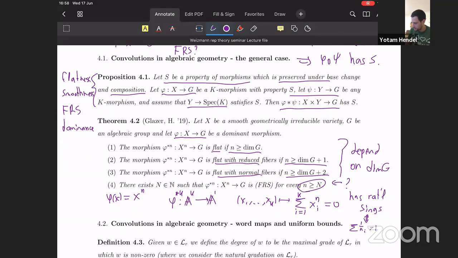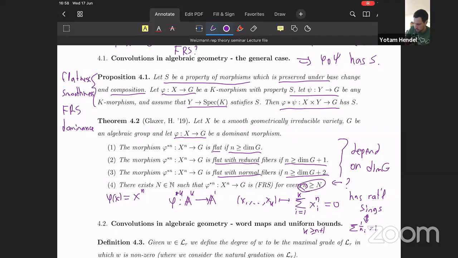But in this case, this is only the case if k is larger than or equal to n plus 1. This means that this exponent must depend also on the morphism itself, so it cannot depend only on the dimension of G.